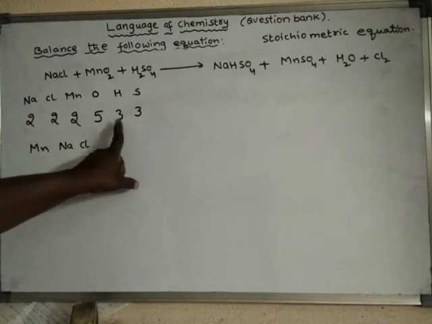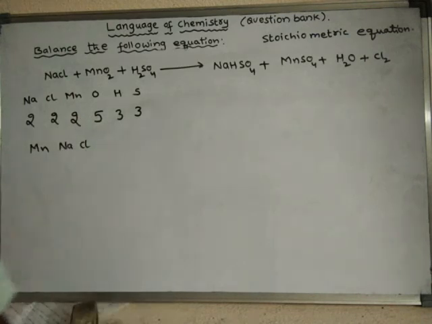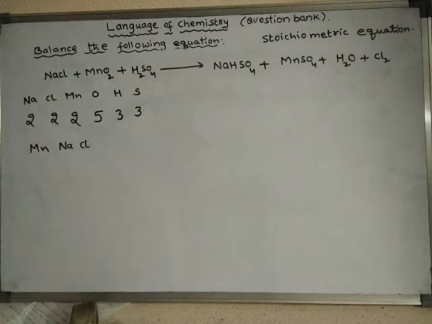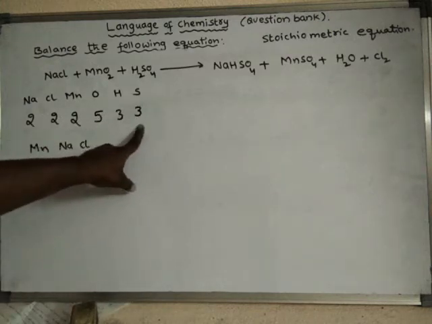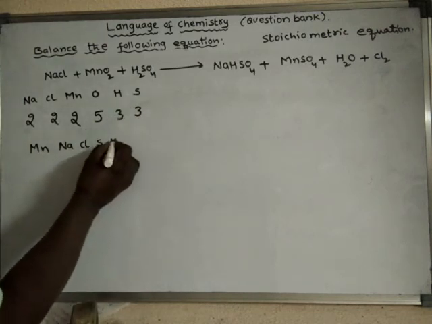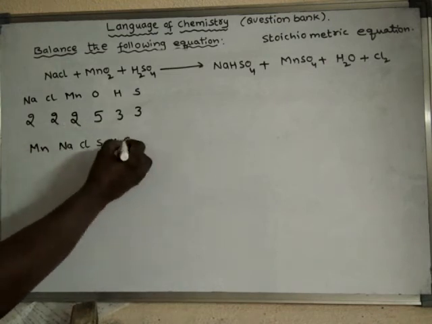Here, out of hydrogen and sulfur, both are non-metals, not metals. When two non-metals have the same frequency number, we write first the non-metal which has the higher atomic number. Sulfur has the higher atomic number, hence it should be written before hydrogen. After sulfur, hydrogen is written, and at last we write oxygen.